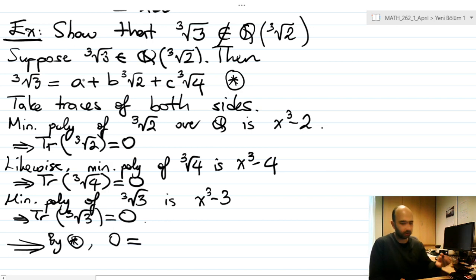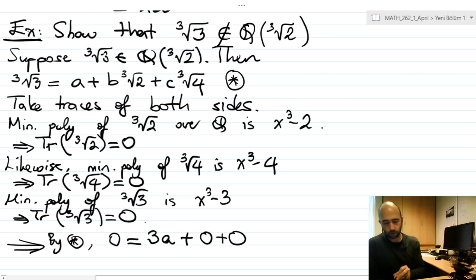Trace of 1 is not 1, it is equal to the degree of the extension times 1, so it is 3. Just look up the formula. 3 times A, of course, but the other two give 0 and 0. Anyway, the conclusion is A is equal to 0.